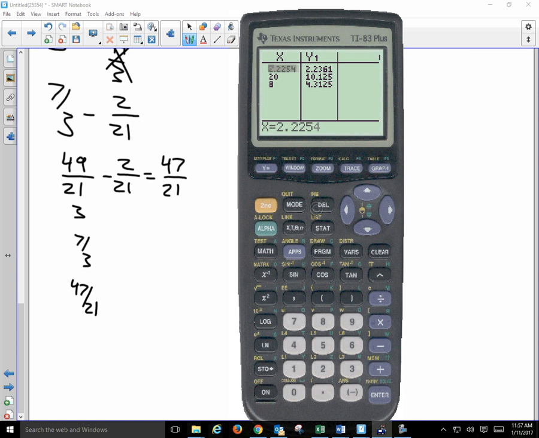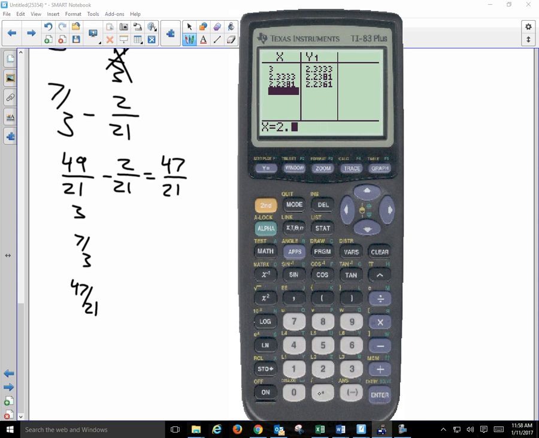What did we make as our first guess? 3. We get 7/3. What is our next guess? 2.333. What's my next guess? Still was a change, right?